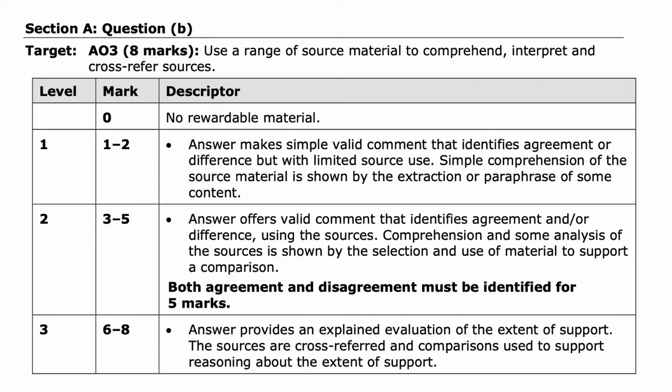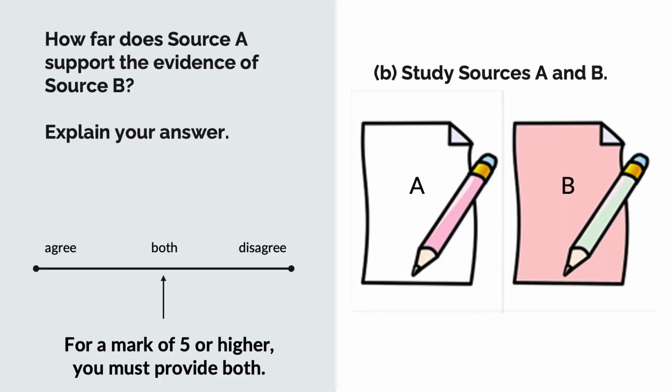I have dedicated a small portion at the end of this video to talk about supporting reasoning of the extent of support, because that's perhaps where you get your last 2 marks and you can score the difference between getting a 5 out of 8 versus a 7 or 8 out of 8.